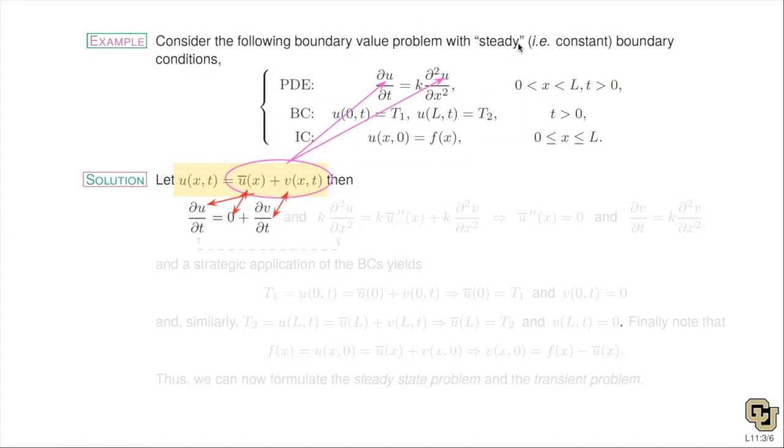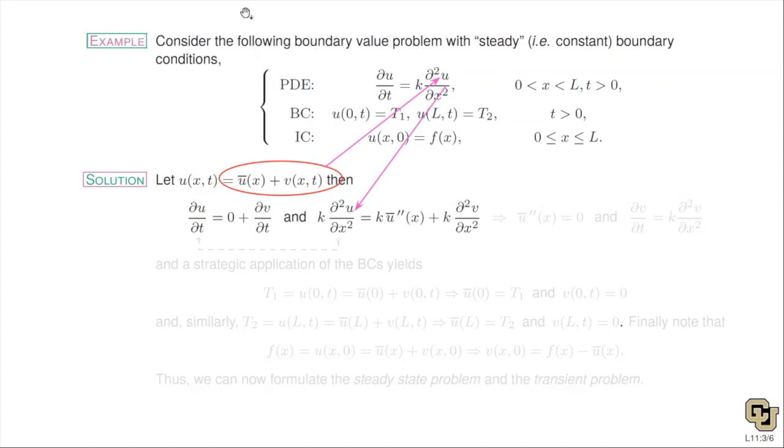Now on the other side, let me plug in u bar plus v into the second partial with respect to x. Again, you take the derivatives of each part. The second derivative of u bar with respect to x, times k, is k u bar double prime of x. And the second derivative of v with respect to x, times k, is k times the second partial of v with respect to x.